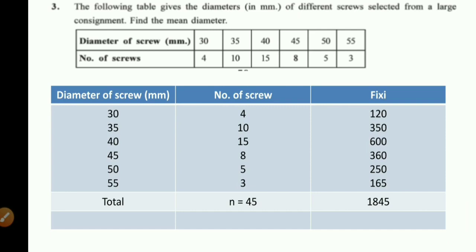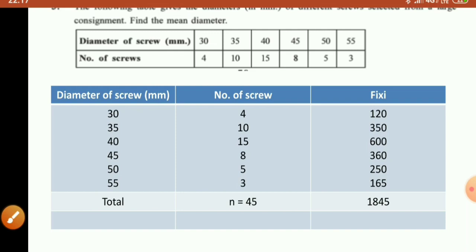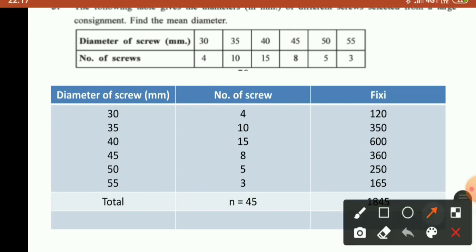Now in order to find the mean, I'll multiply the fi and xi. In the very first, I have multiplied 30 into 4, which is 120. Next, 35 multiplied by 10, which is 350.